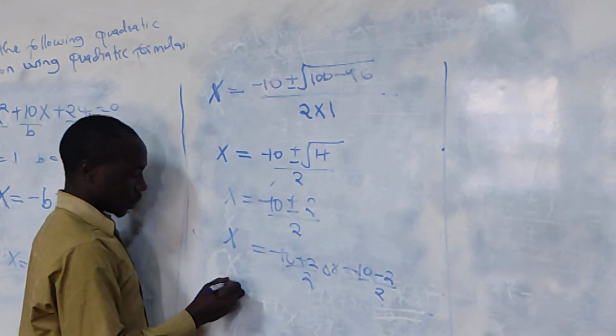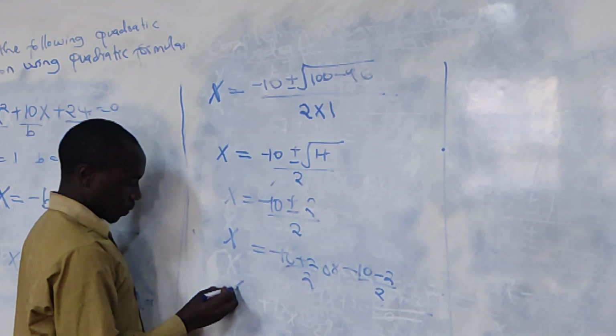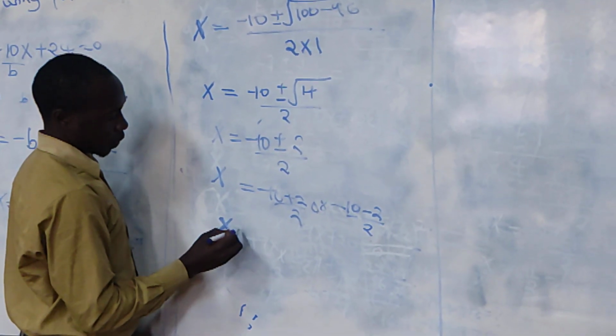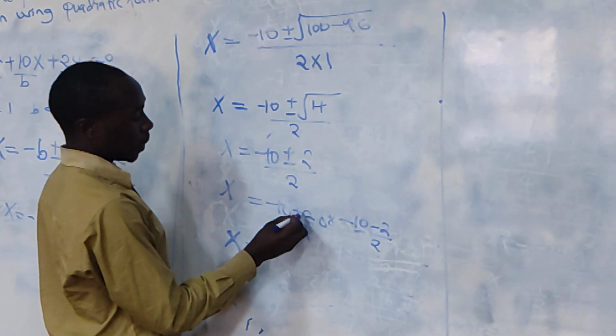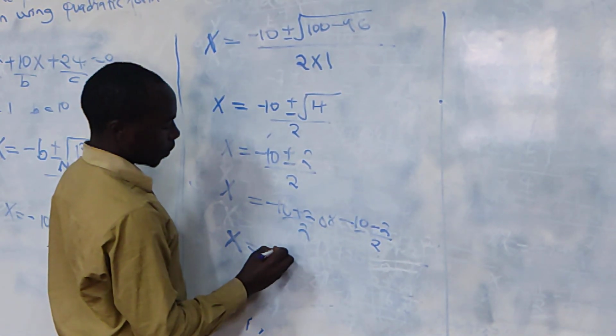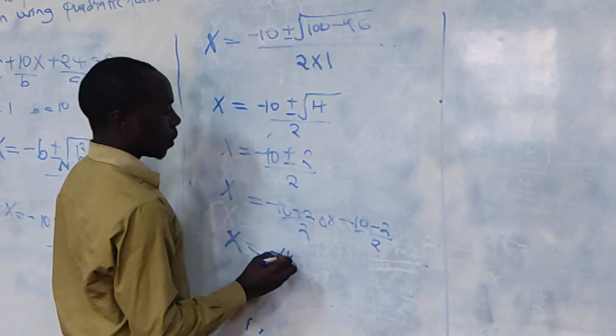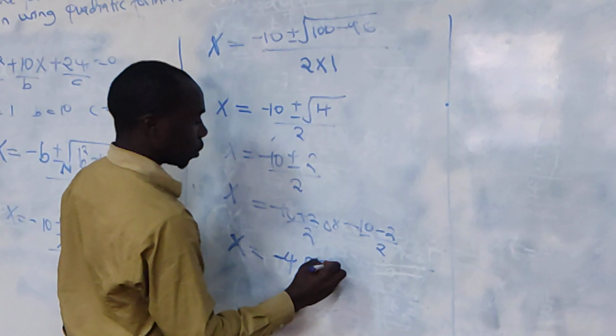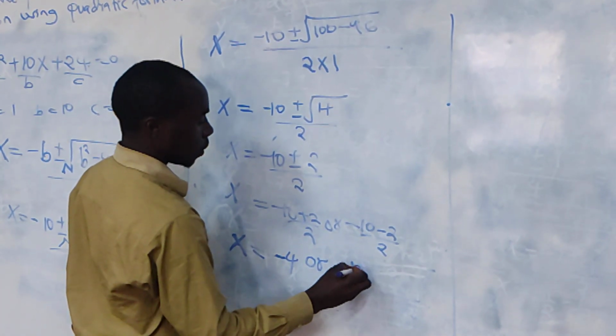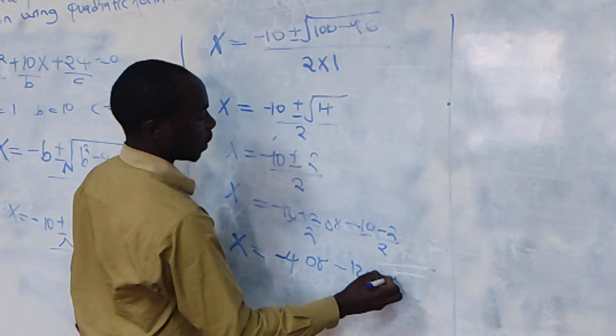Minus 10 plus 2 gives you minus 8, which gives you negative 4. Or minus 10 minus 2 gives you minus 12 over 2, which is the same as minus 6.